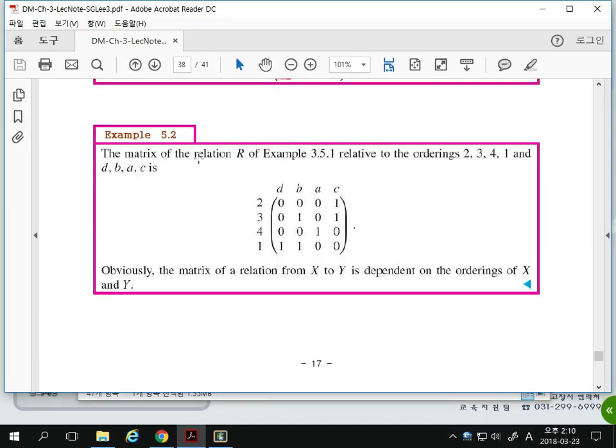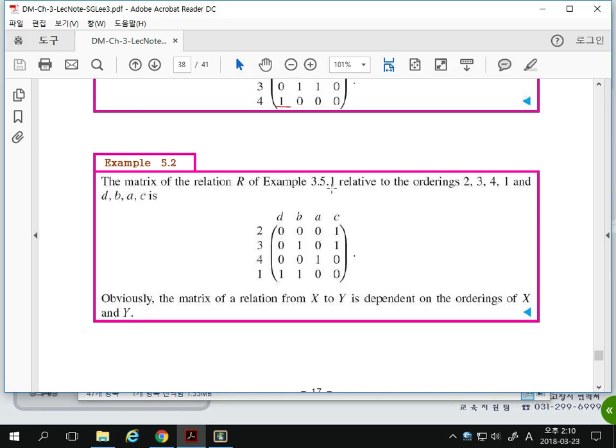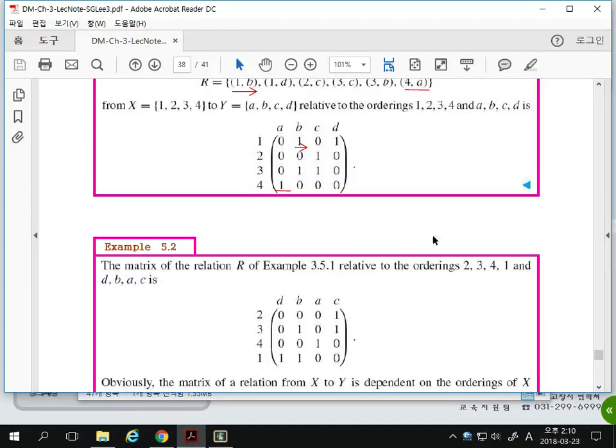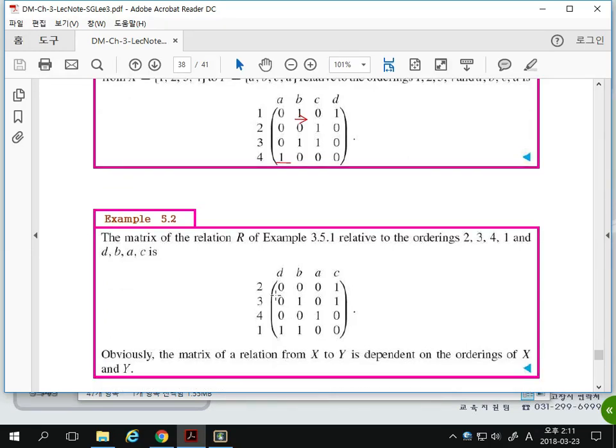The matrix of relation R of example 3.5.1 relative to the ordering 2, 3, 4, 1. If we change the order of 1, 2, 3, 4, then we just switch the rows in that order. If we fix the order, then the matrix will be fixed.